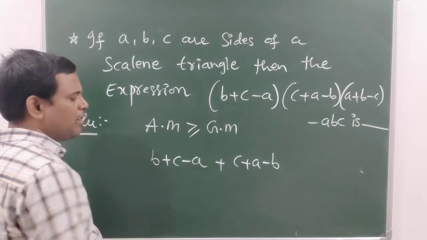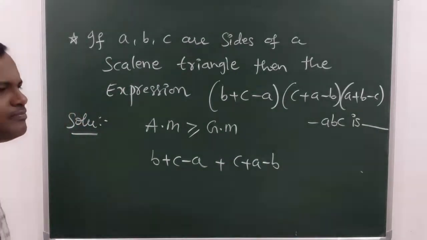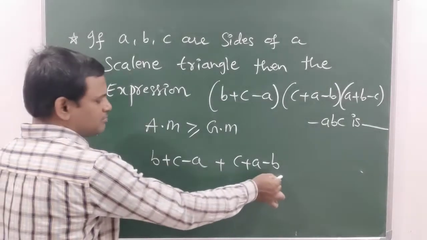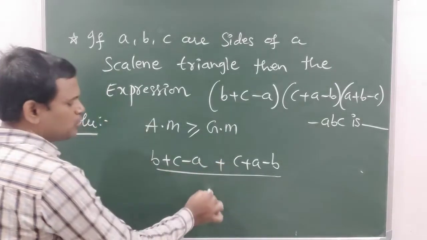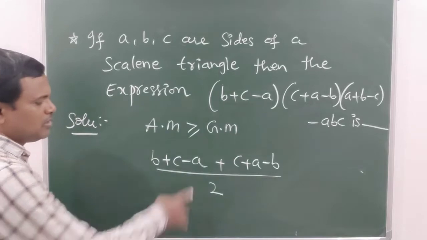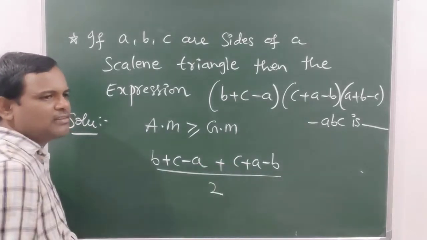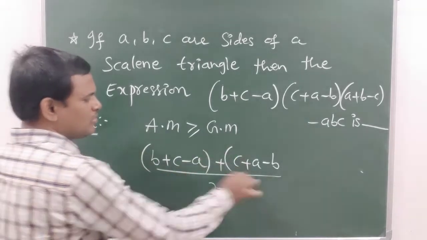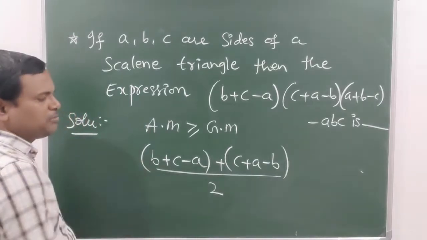So now when you add both, what do we get? When you add, see, average of these two by 2. Here minus A plus A cancel, minus B plus B cancel.